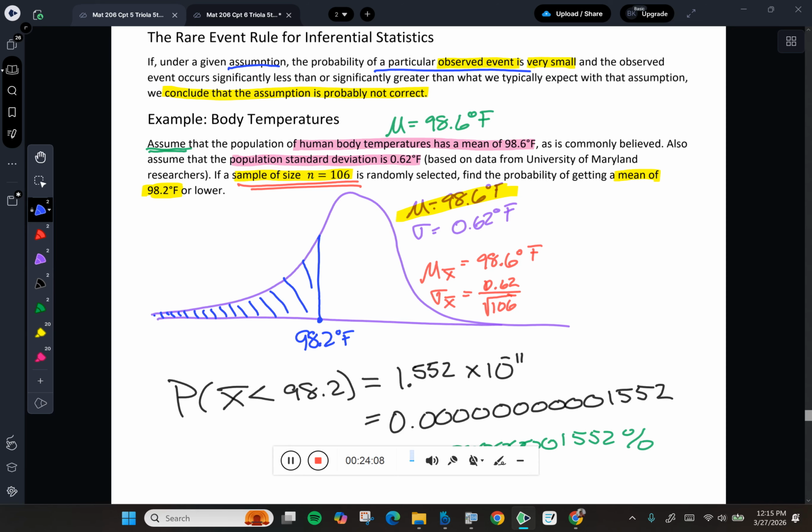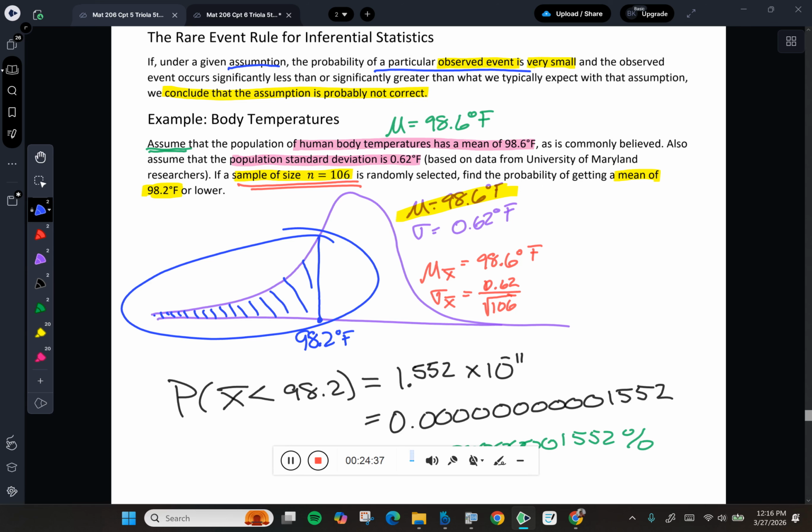So when we calculated this probability right here, we found the probability of our result, 98.2 for a sample mean, or more extreme, colder, lower body temperature occurring. And if that probability is significantly small, we can most likely conclude that the original assumption for the problem was incorrect.